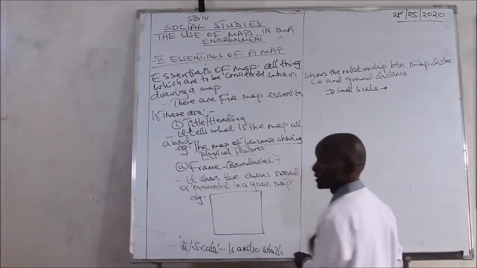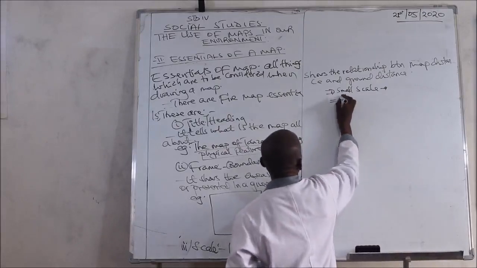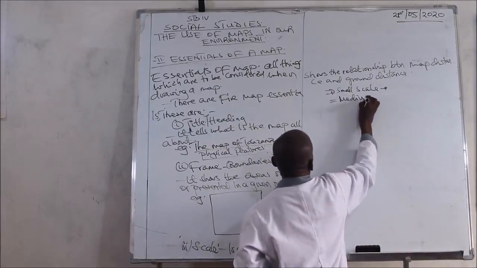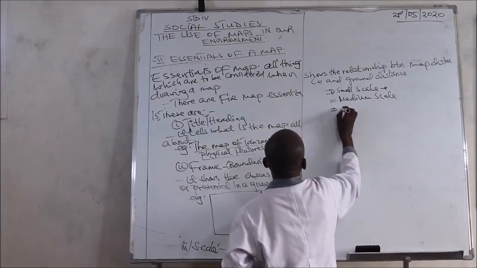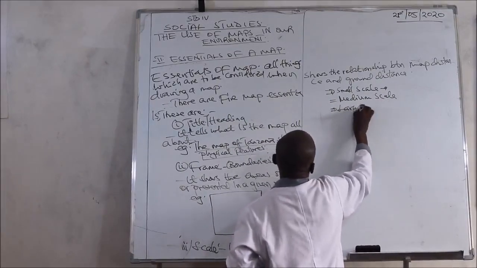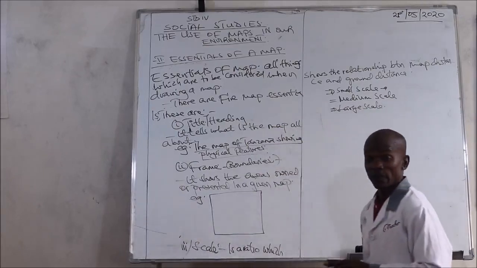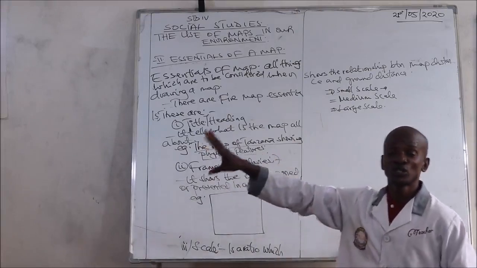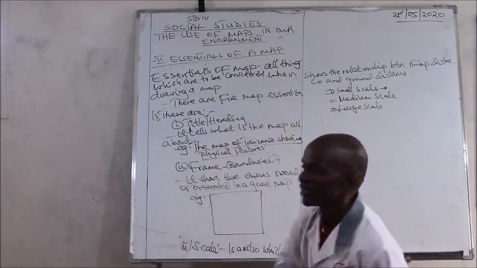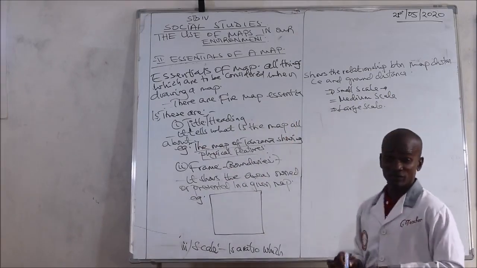The second one, we call it medium scale, and the last one, we call it large scale. These are the three sides of scale. Whatever kind of map that someone will draw, they range into the three main types of scale.